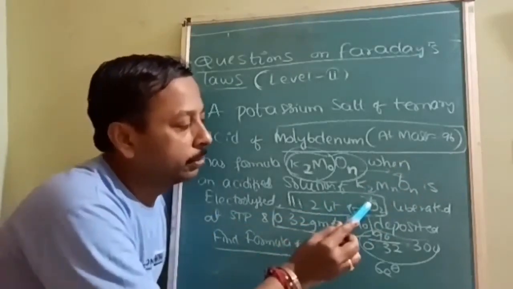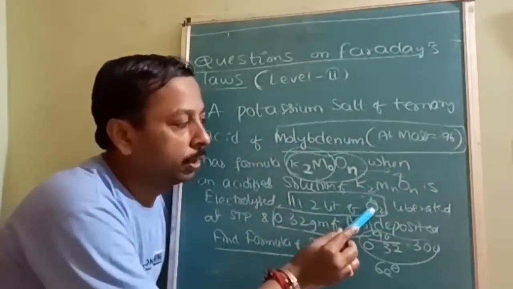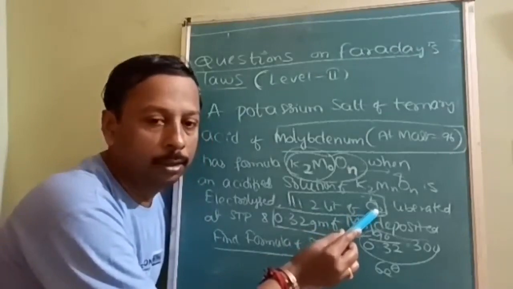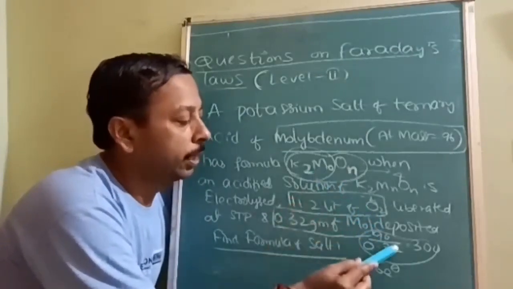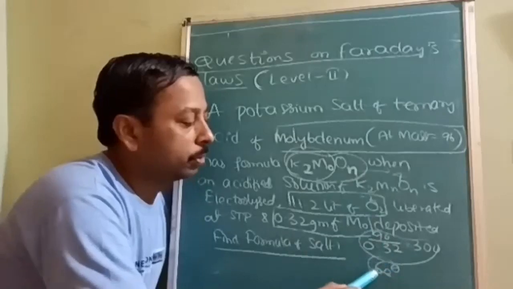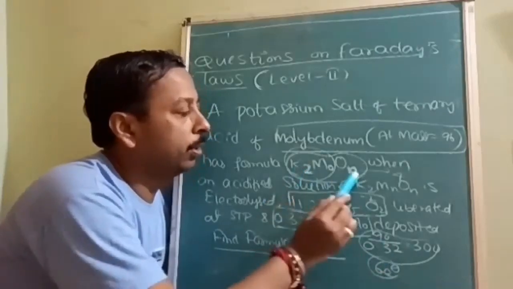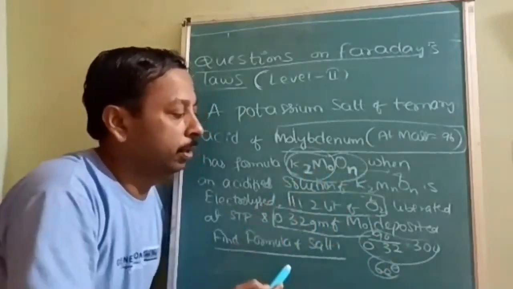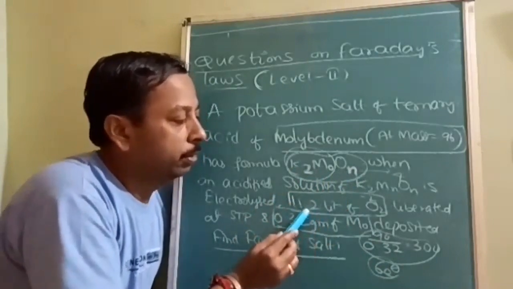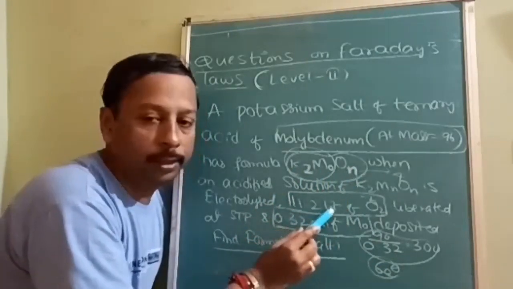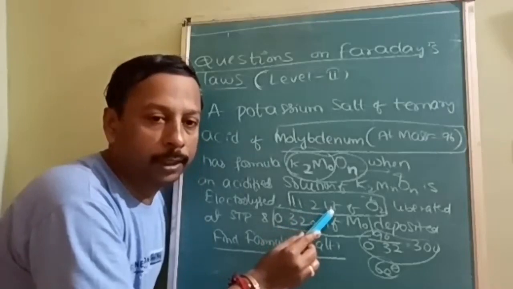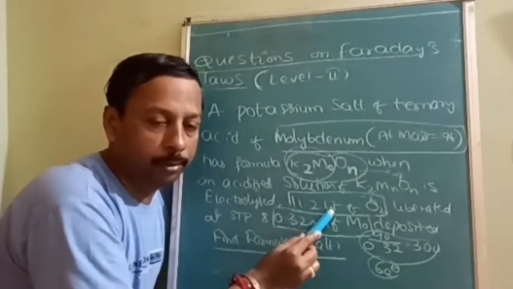But here each oxygen requires 2 electrons. So with that you can calculate, 6 moles of electrons are required per molecule. I am talking about per molecule. Where did I get 2 from? Because 11.2 liter, if it were 1 mole, would be 22.4 liter.